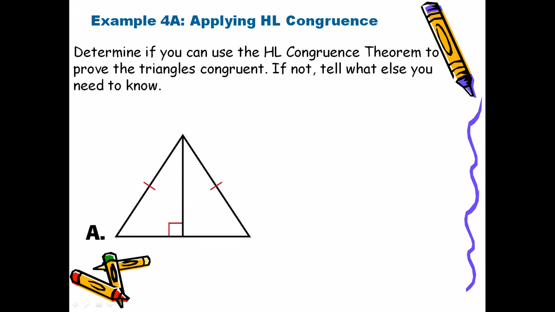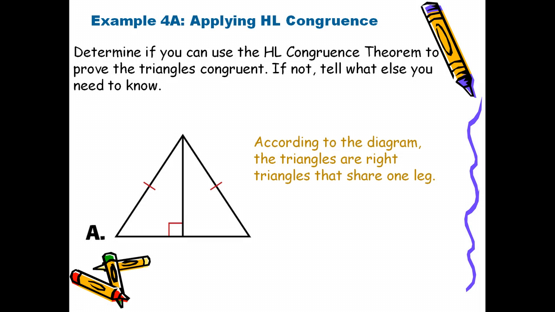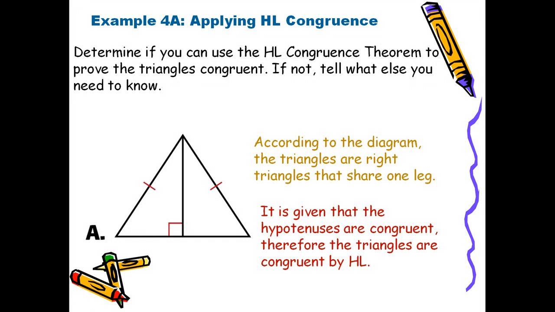So yes, we can use the hypotenuse leg congruence theorem. We have the right angles, and they share one leg. The hypotenuses are congruent, therefore the triangles are congruent by the hypotenuse leg congruence theorem.